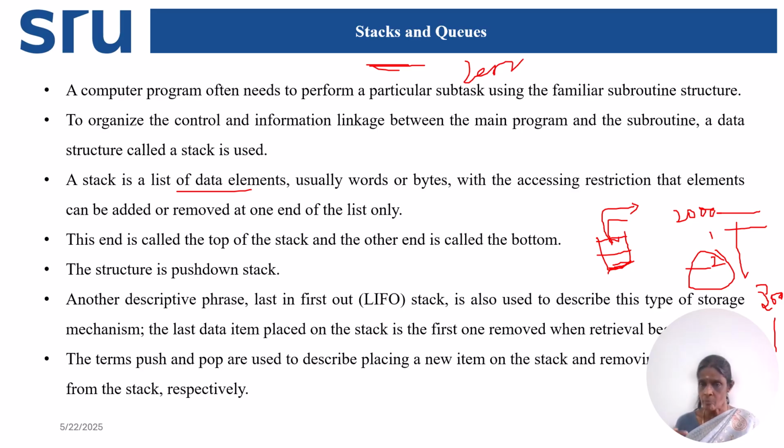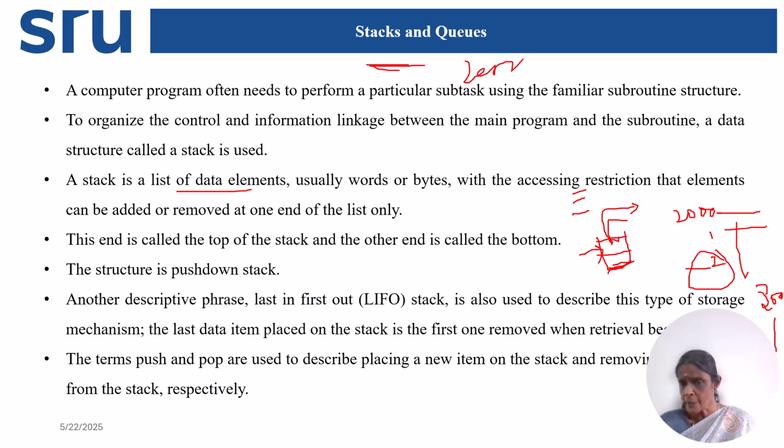Therefore, one register named the stack pointer will show the last location which has data. Here all are empty, and the bottom locations are filled up with data. This is the last location where data is filled.